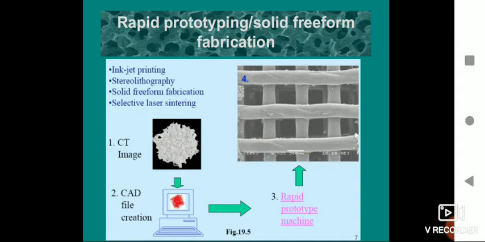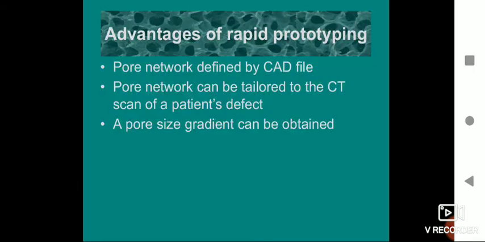Based on the image, the printing is carried out. It is almost like your normal printing. Here, instead of one dimension, the printing is done in three dimensions, giving rise to nanoscale structures with the desired pore size. You can see how uniform and neat the structure is. So this is what is called rapid prototyping or solid free form fabrication.